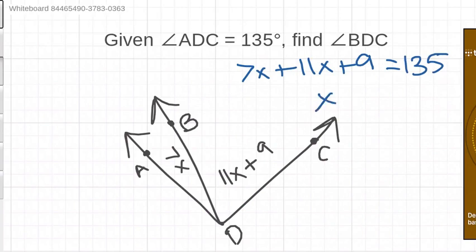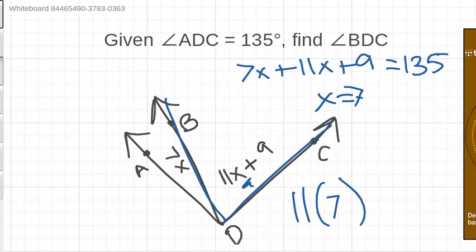Fast forward, x is going to equal 7. And then you want to plug that in to your BDC value for x to get your value for BDC. So 11 times 7 is 77, plus 9 is 86.